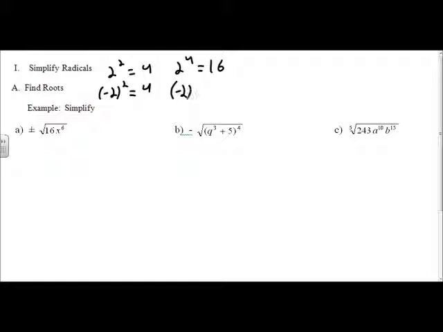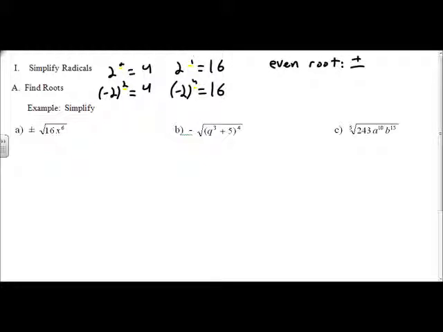But also negative 2 to the fourth power gives us 16. So these, the 2 and the 4, the roots that we're going up to, those are all even. So whenever you have an even root, it can be positive or negative.